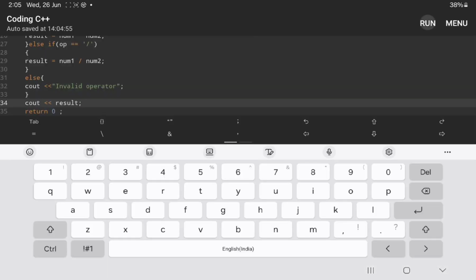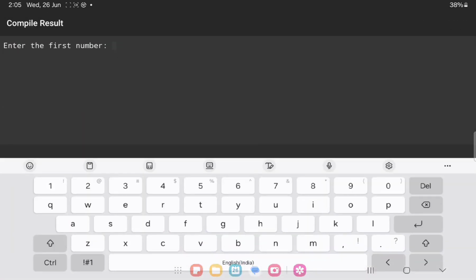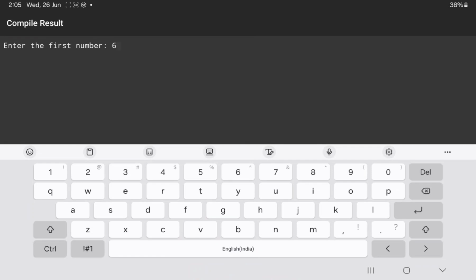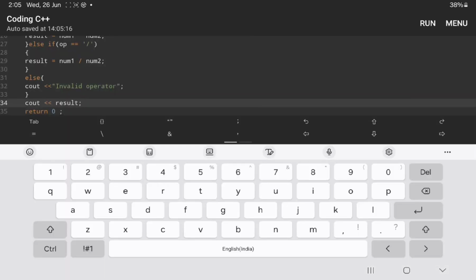And let's try to give something which is not an operator, for example let's say 63 and give maybe capital S, and the second number can be 34. It's going to say invalid operator.